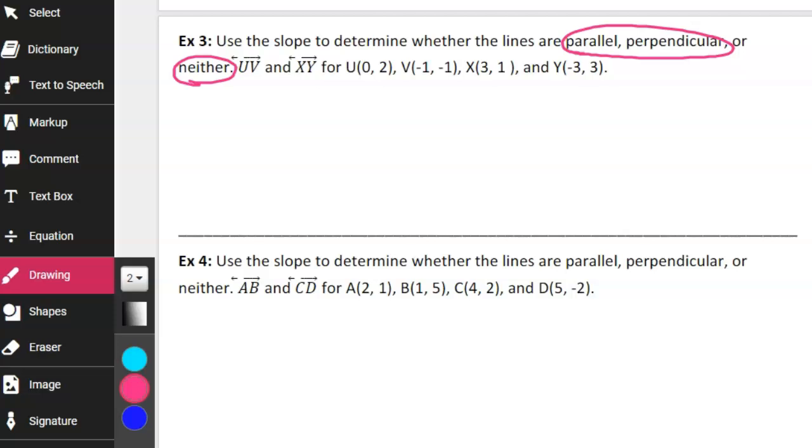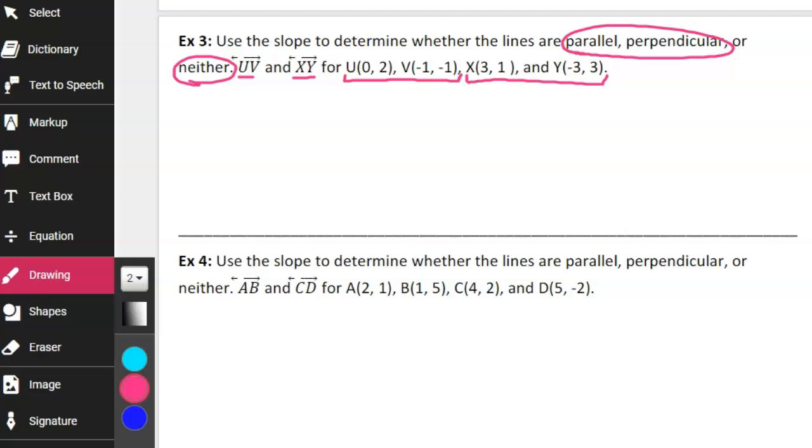Line UV and line XY for all of those points. So if I'm talking about line UV, that includes these 2 points. If I'm talking about line XY, that includes these 2 points. So it might be a good idea, if I need to tell if the lines are parallel, perpendicular, or neither, to find their slopes and compare them.